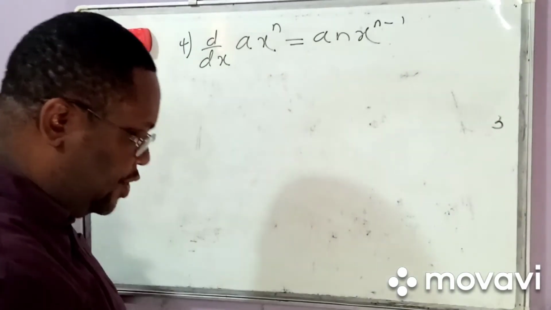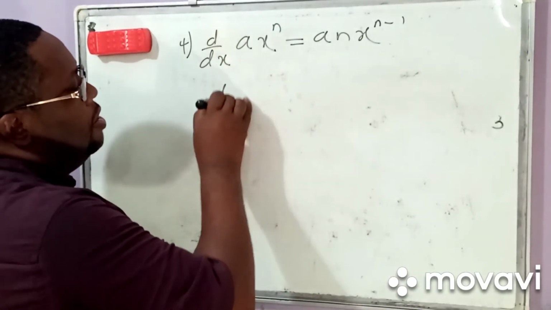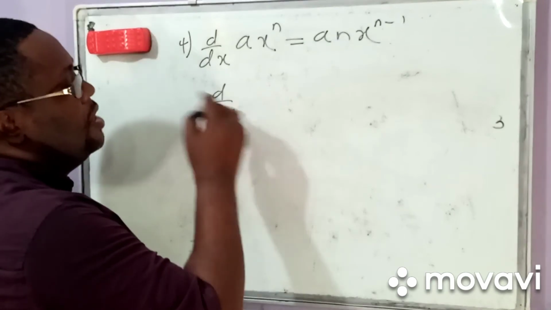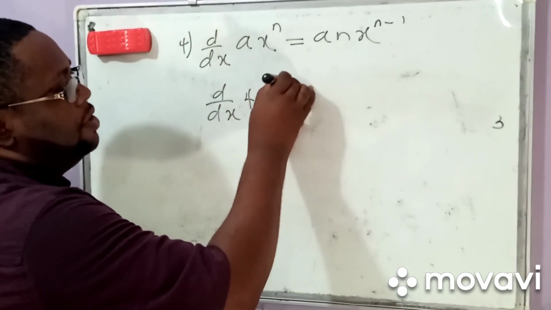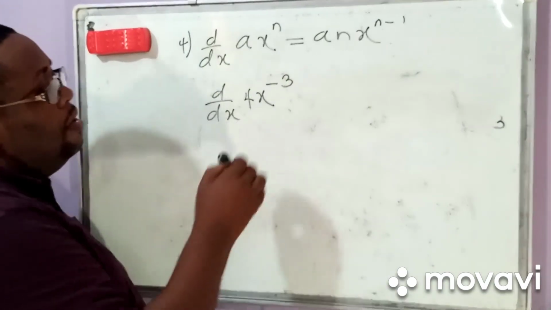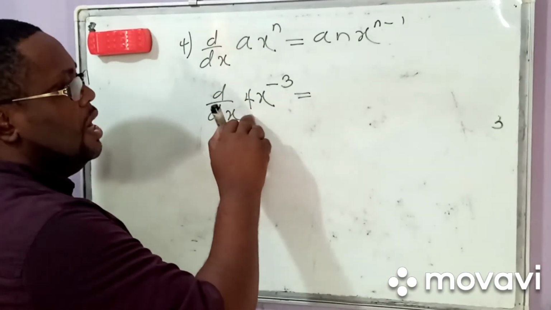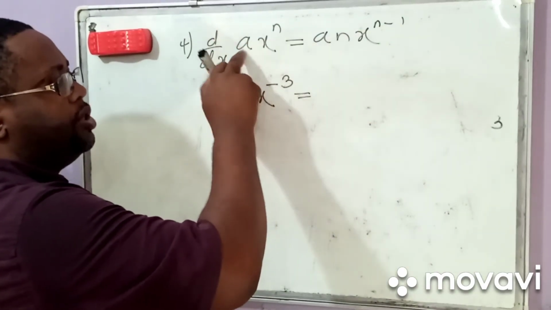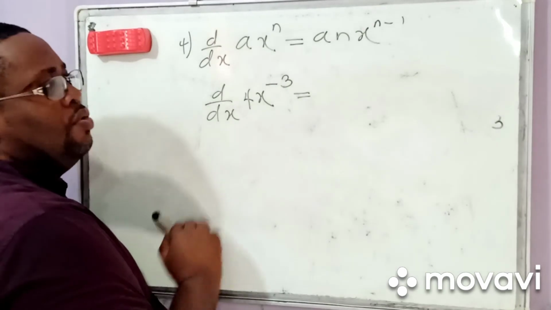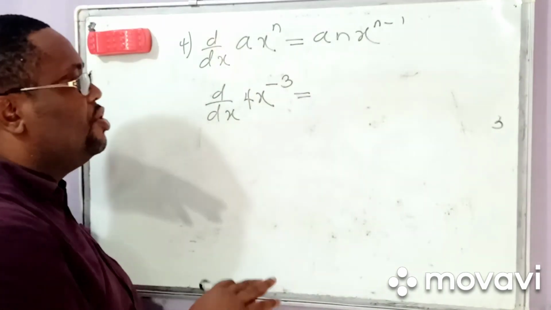Okay, what if you were asked to, let's say, differentiate with respect to x, 4x to the minus 3. This is very simple. All you're going to do, this is your a, just look at what the rule is saying: carry that to your n and bring it down to multiply this a. So at this level, I may not even have to write so much.